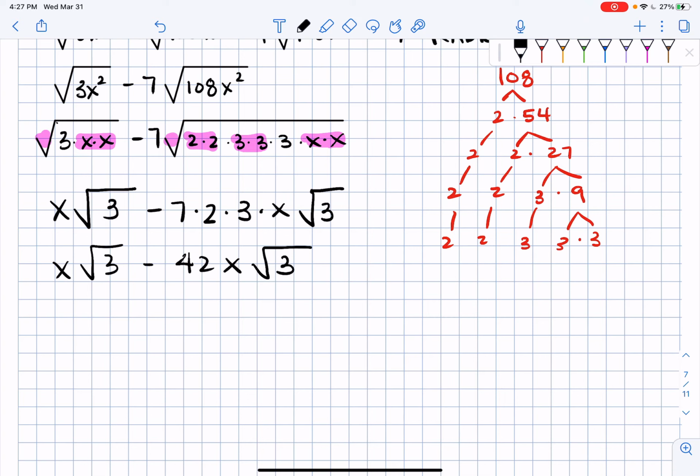So what does that give me? That gives me a negative 41x square root of 3. And that is choice C. There we go.